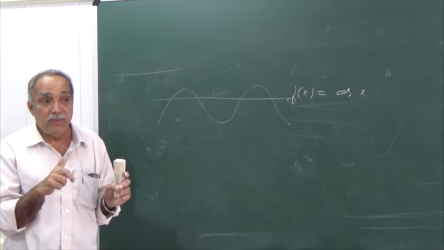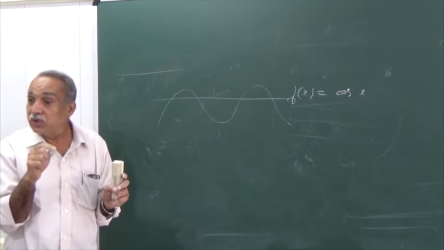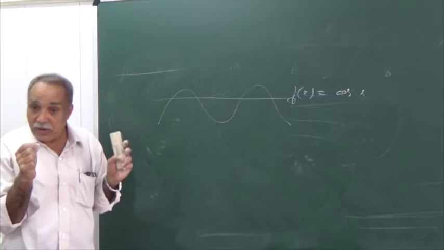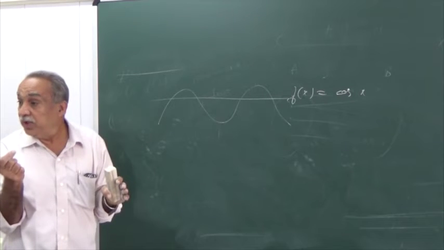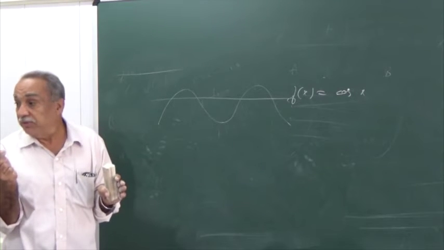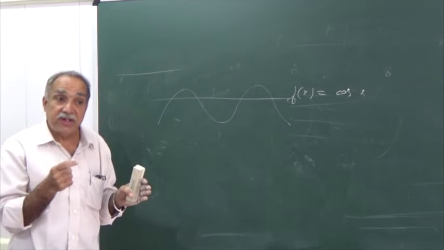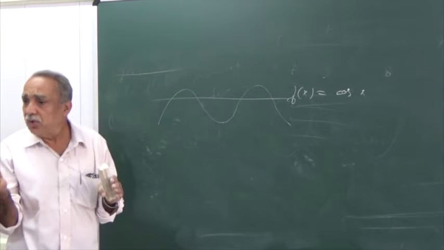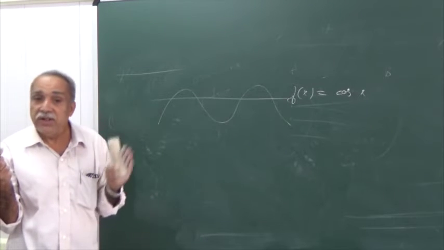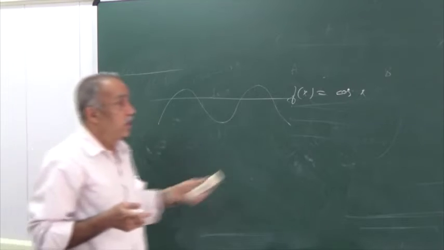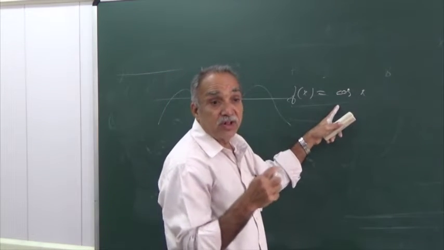Then the function will be 1, 1. If the graph is intersected by some horizontal at more than one point, it is not 1, 1. Okay. This is not 1, 1 as a function from R to R.